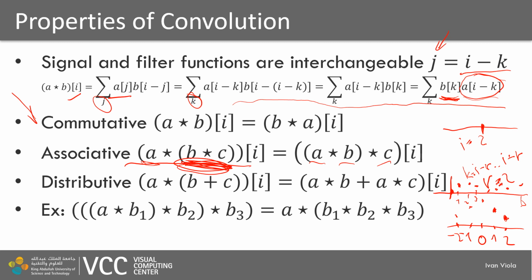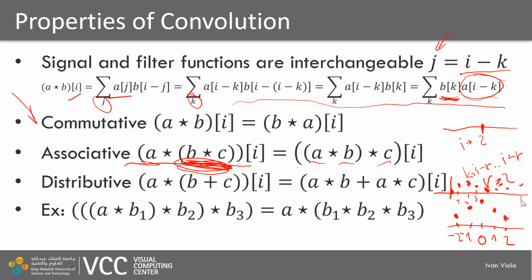And then the B value 2 will be weighted with the filter kernel value at 0, and 3 will be weighted with the filter kernel value at -1, and 4 here will be multiplied with the filter kernel value indexed at -1.